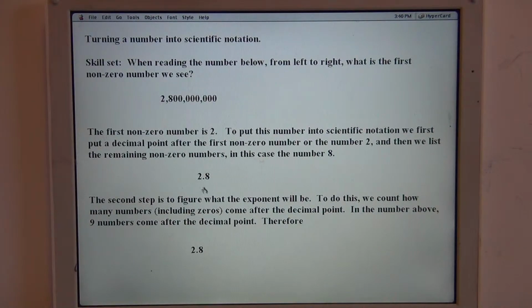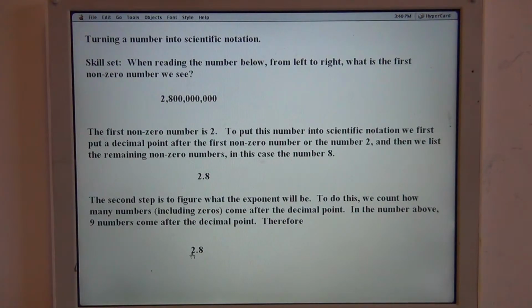So we locate the first non-zero number on the left, put a decimal point after it, and then list all other non-zero numbers. In this case, the only other non-zero number is 8. The second step is to figure out what the exponent will be.